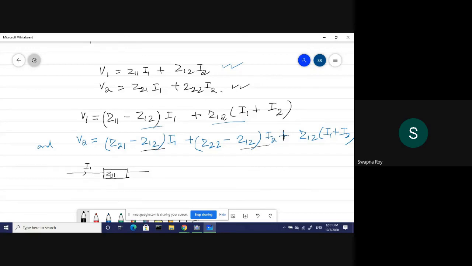So this is one drop, Z11 I1. Another drop is Z12 I2, which is current controlled. This voltage is the sum of two voltages, this is minus, this is plus. So the input port voltage V1 is equal to Z11 I1 plus Z12 I2.